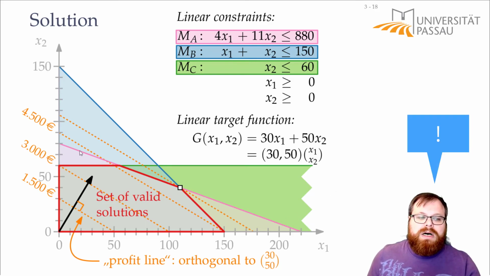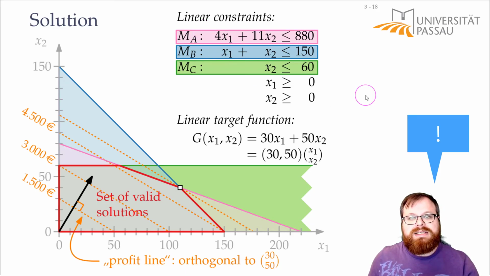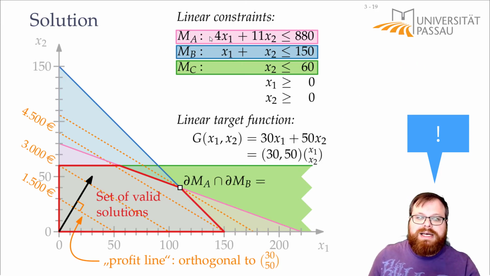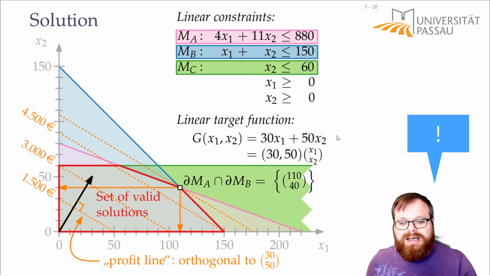Well, it lies on the boundary of the pink half plane, which corresponds to this constraint, and on the boundary of the blue half plane, which corresponds to this constraint. So it has to lie in the intersection of the two lines that we get from these inequalities if you put an equals sign here. So x1 plus x2 equals 150, and 4x1 plus 11x2 equals 880. I already did that for you.